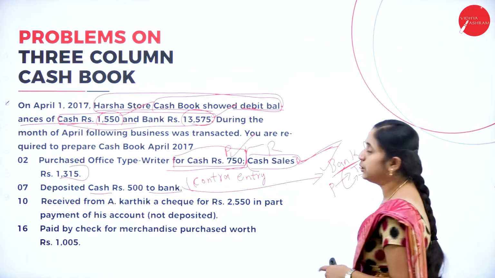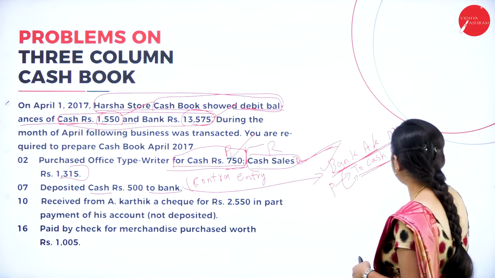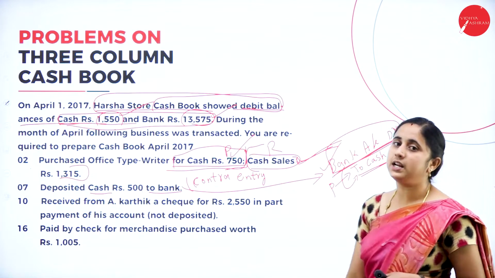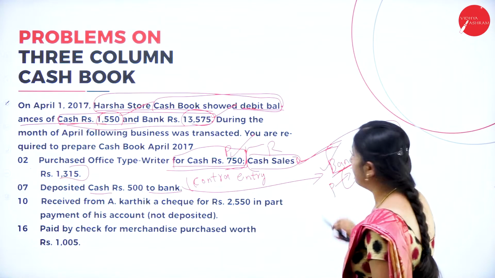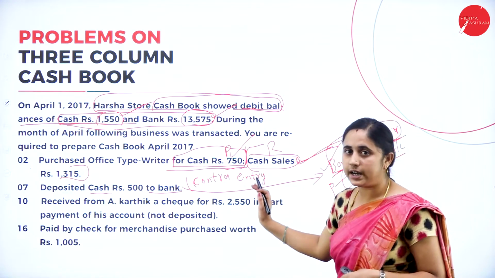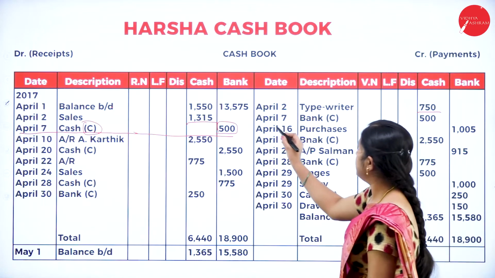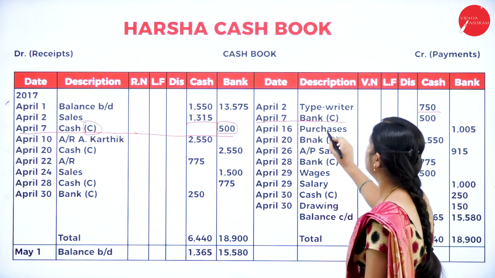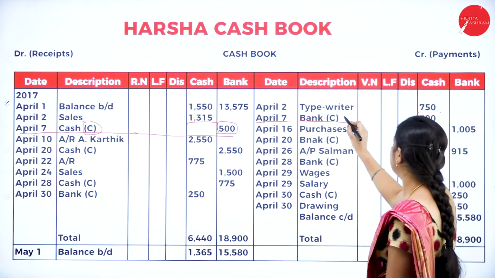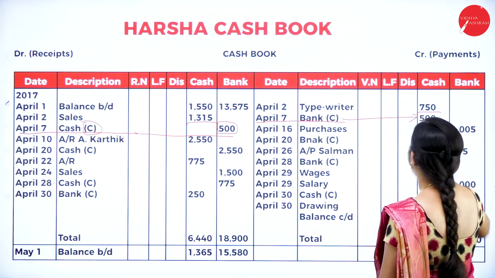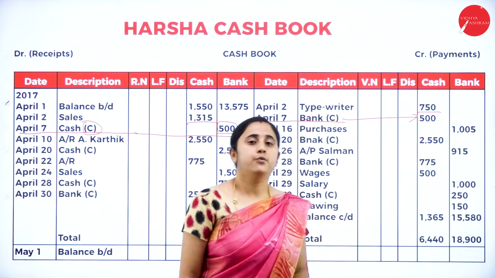Write on the payment side, bank account, same date April 7th, bank account rupees 500. This is the contra entry, so write C within the bracket. This is the cash transaction, so write rupees 500 in the cash column.